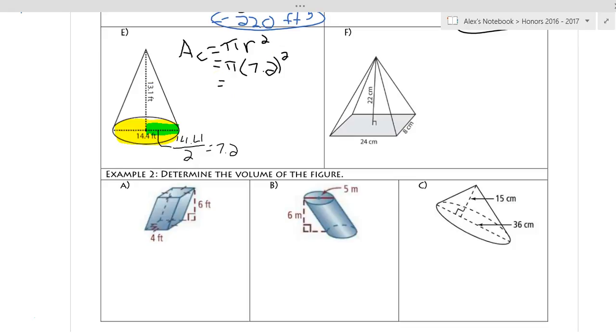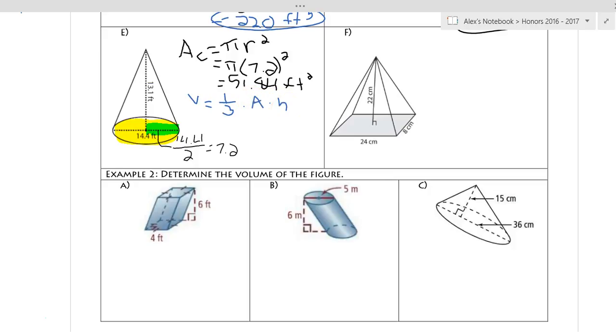So my area of that circle is 51.84, and this is feet squared. Then when I'm finding the volume for a cone, when they slant in, it is 1/3 times the area times the height.